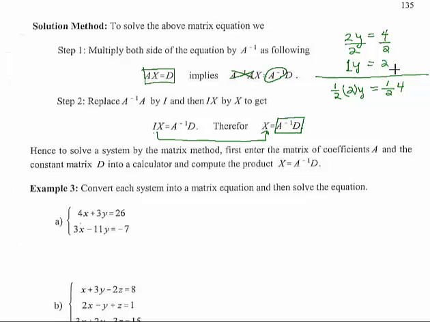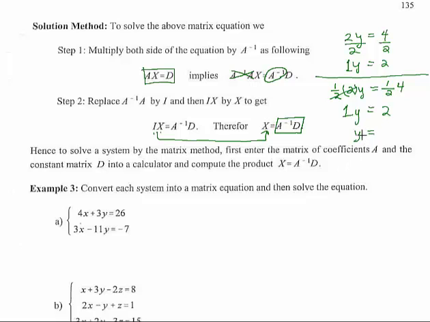What we do to one side, we have to do to the other. So I place a 1/2 in front of the 4 on the right. 1/2 times 2 gives me 1y. 1/2 times 4 gives me 2. A 1y is the same thing as a y. It doesn't change it. It's analogous to this identity matrix times x. It's just equal to the x.